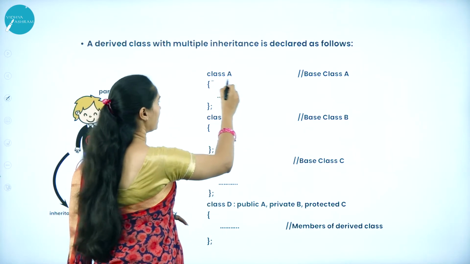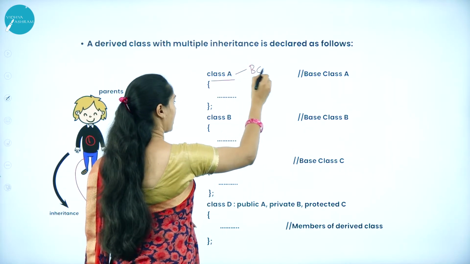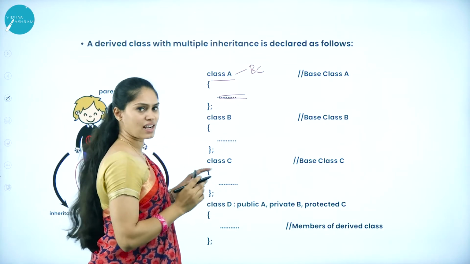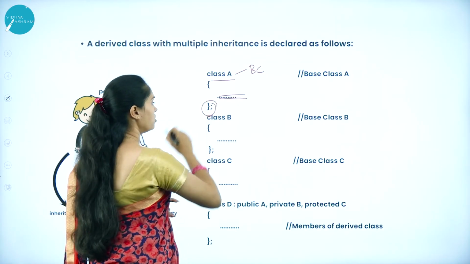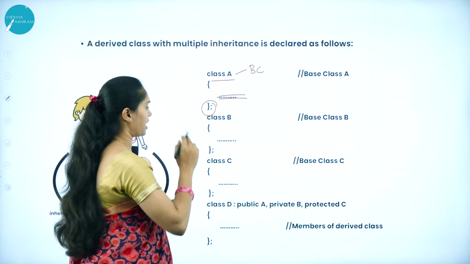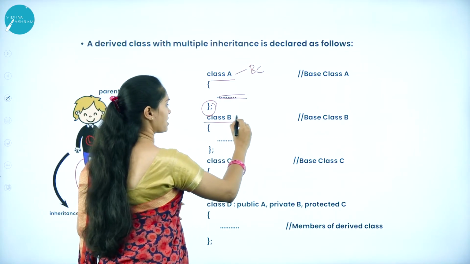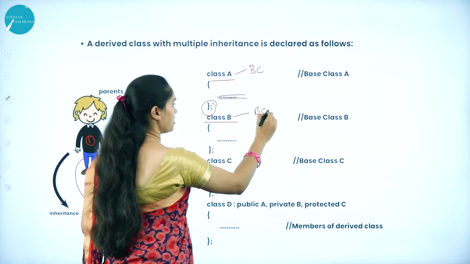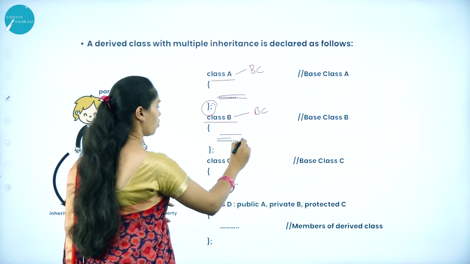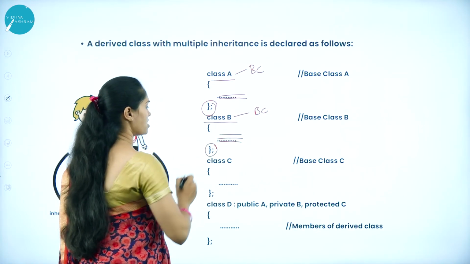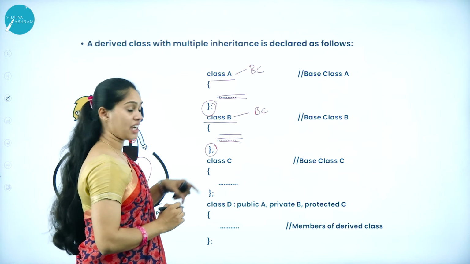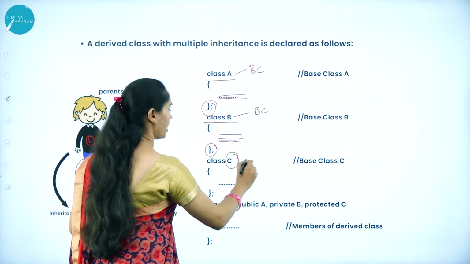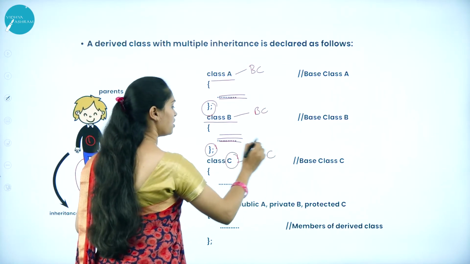So here I am creating a class A, that is a base class, and this has several data members and member functions. I am going to close the class A, and I have one more base class, that is B, and it has its own properties. I am going to close the scope of B and I am creating one more class C. Here also I am going to consider that as a base class.